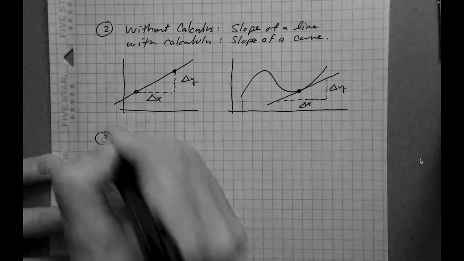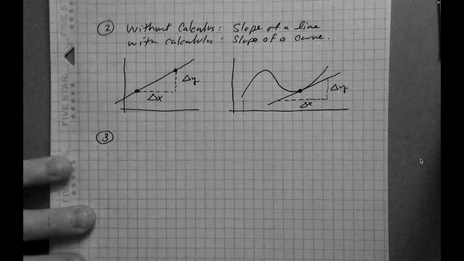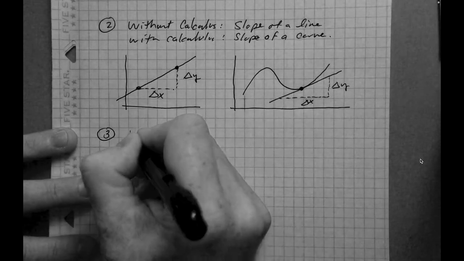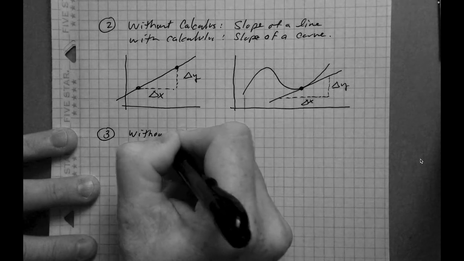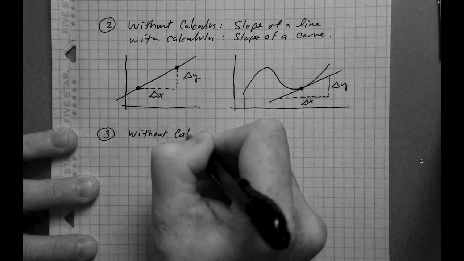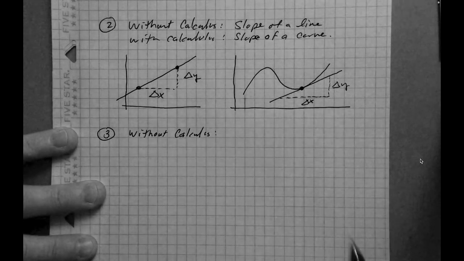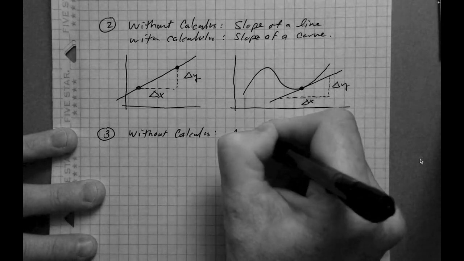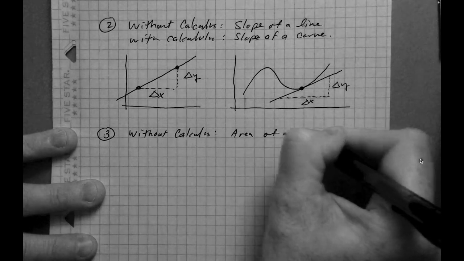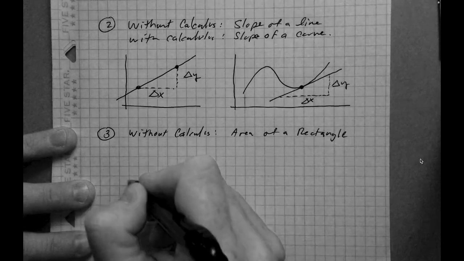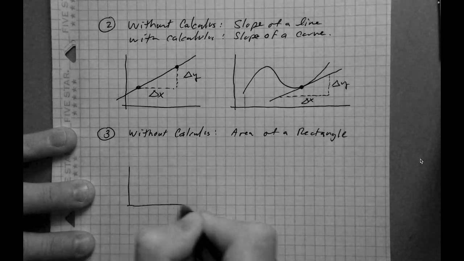Another example. Let's see here. So without calculus, and again, I'm skipping over lots and lots of great examples, but just in the interest of time, without calculus, we can talk about the area of a rectangle. Okay, so for example, a simple rectangle.